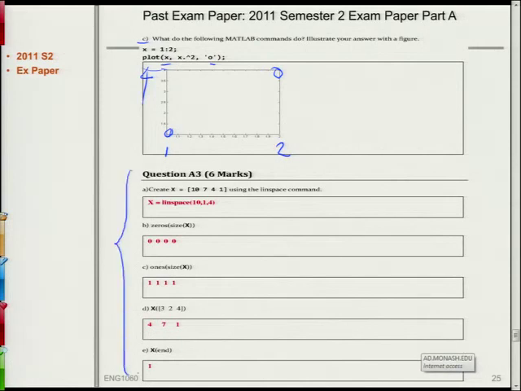And question A3, I give you 1 minute to read. And if you didn't understand which part you want me to mention a bit more, you just let me know. So A3, I give you 1 minute to read.